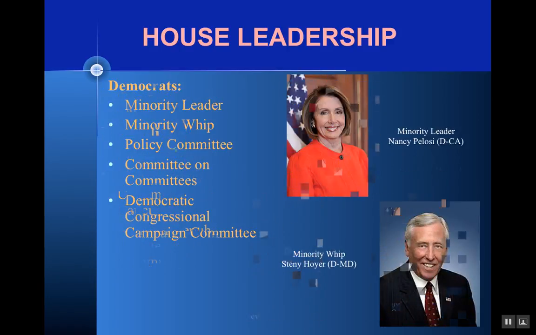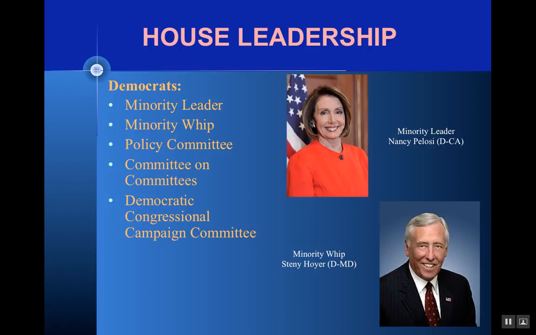Okay. Next, of course, is the minority leadership. Since the Democrats are the minority party right now, they have the minority leader and the minority whip. It probably makes sense to you and is fairly obvious, but if in the next election cycle more Democrats are elected into the House of Representatives than Republicans, then the minority party would shift to the majority party, right?